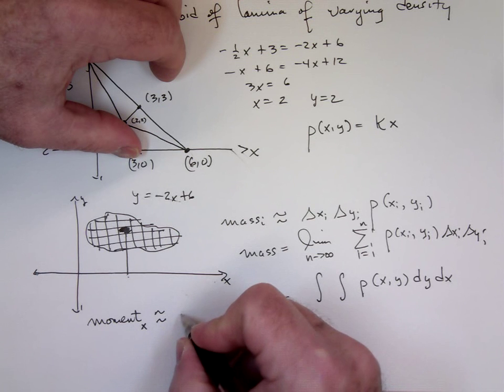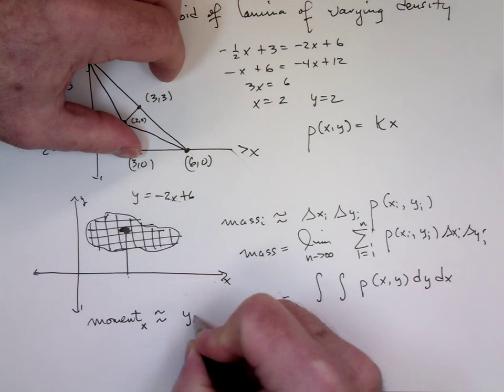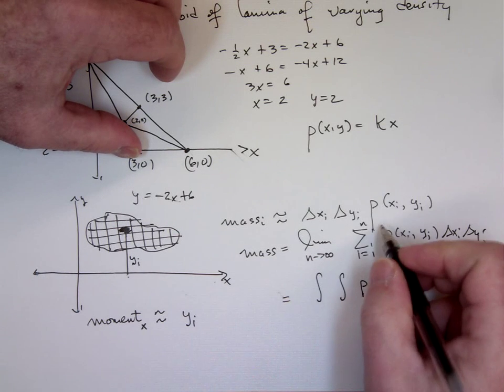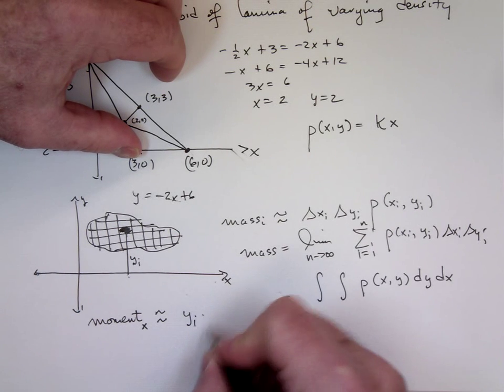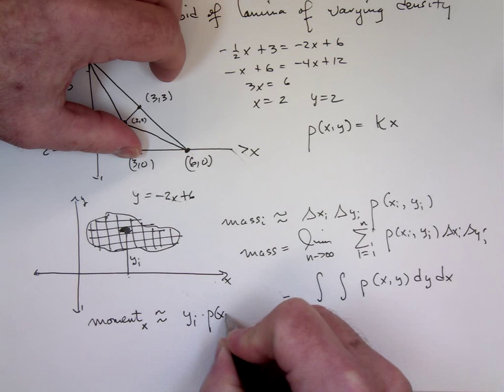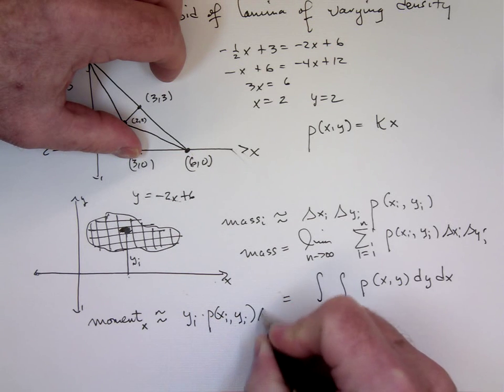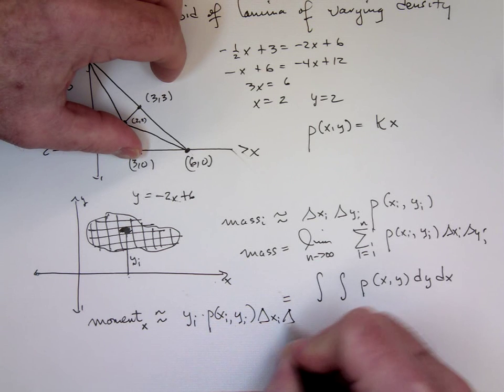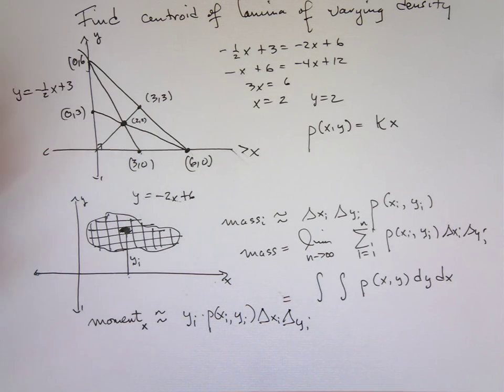We have a y, the y coordinate, whatever that y is, that's its distance, times the mass of this object, which is this density function, times a delta x, delta y, or delta y, delta x, either way. That's the moment that this one square generates about the x-axis. It's a mass times distance.